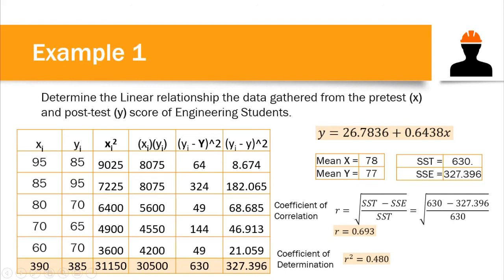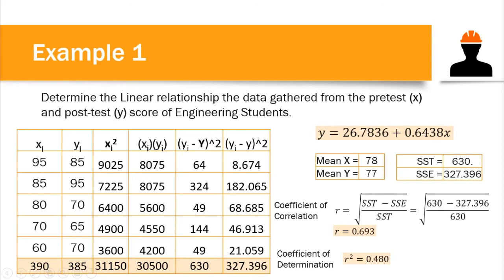Again, the closer the determination is to 1, the more effective the linear equation. But as you can see, we have a smaller coefficient of determination, and a lot of factors contribute to this value, including the number of samples. So in order to get a reliable linear equation, you need a greater number of samples, as much as possible more than 100, and that would give us a much more reliable equation.